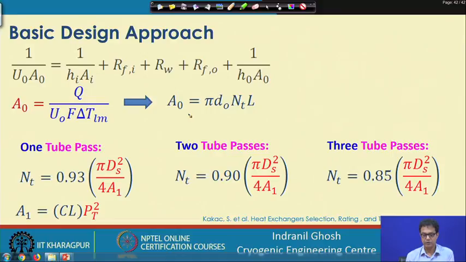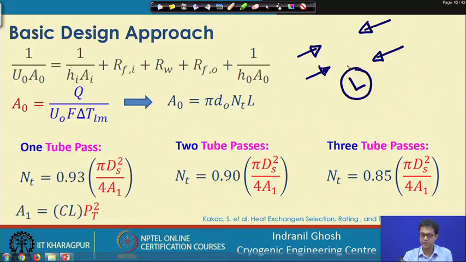That means, first of all we have been given the inlet condition of the fluid, and the inlet and exit temperatures of both the fluid streams are known. What is not known is the overall length of the exchanger and other details: how many tubes, what is the tube diameter, what is the shell diameter, etc. So, what we first try to do is make a rough estimate of the overall length and the heat transfer area.